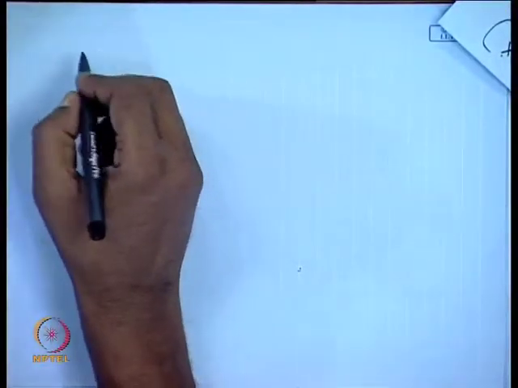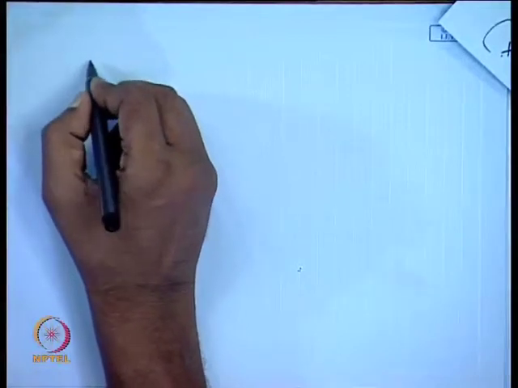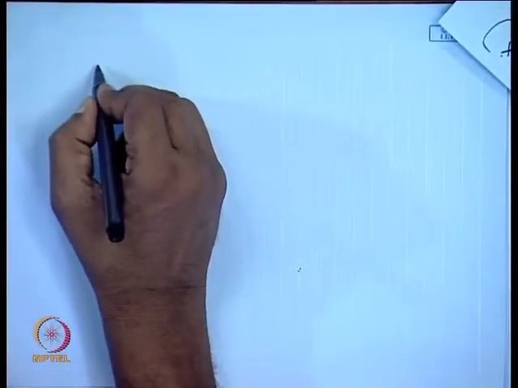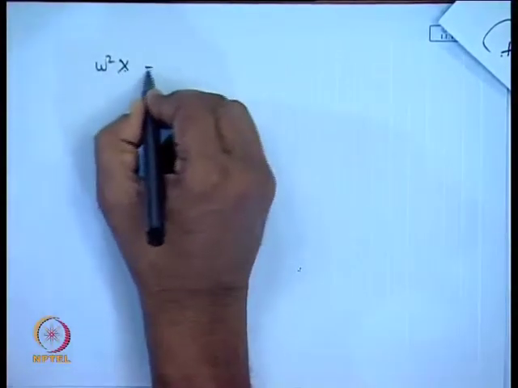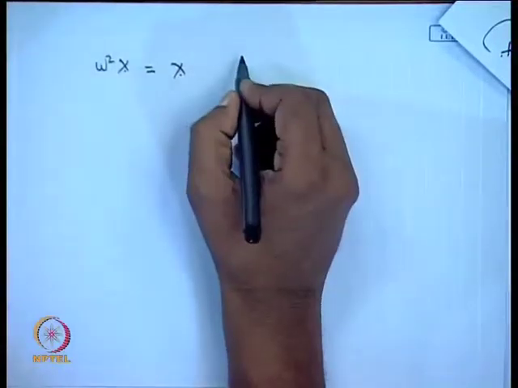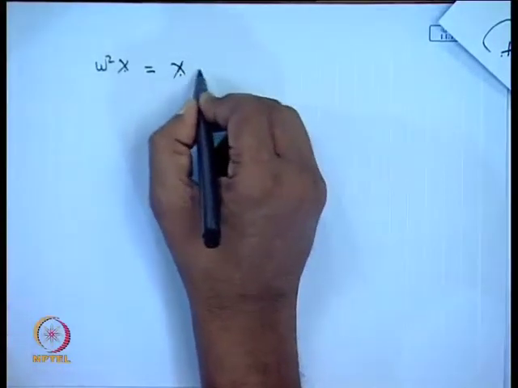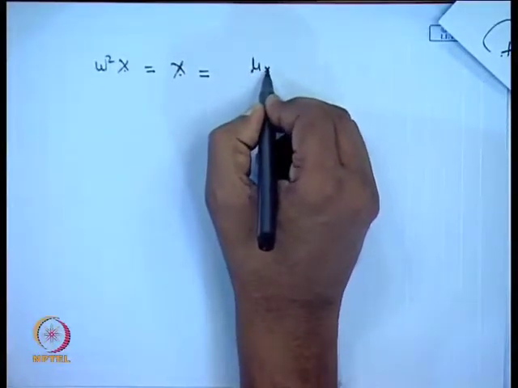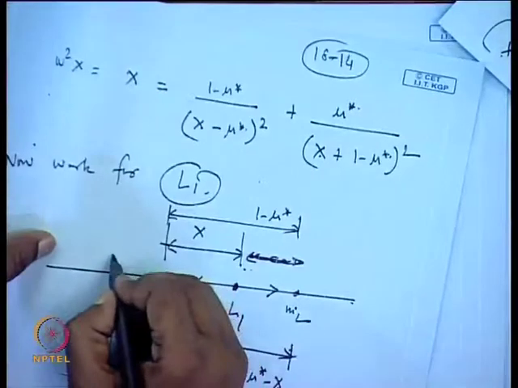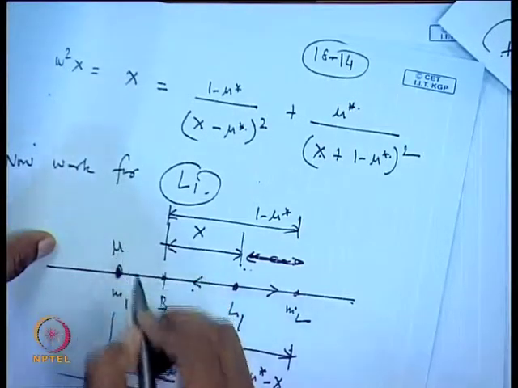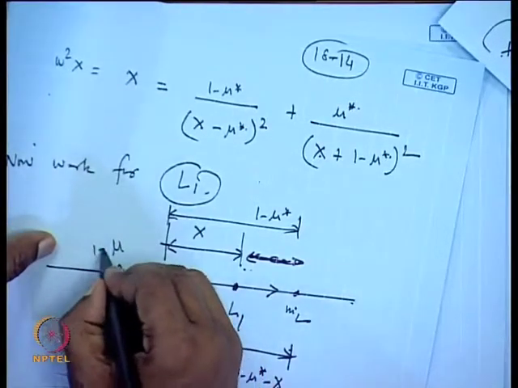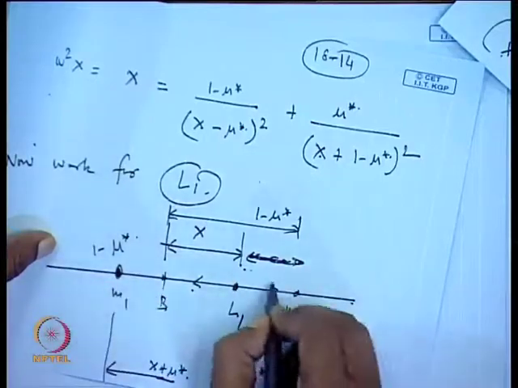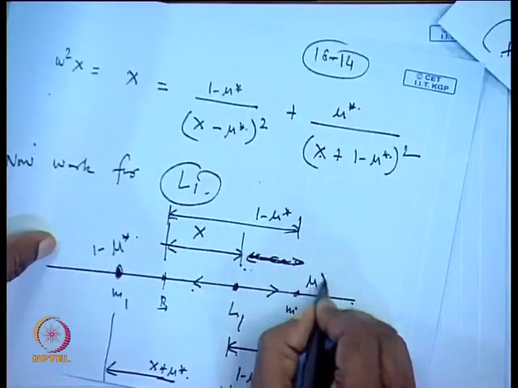Okay, so we have from here omega square x is equal to x, because omega in this case is equal to 1, and therefore this quantity then becomes mu star. This is the mass which we have written as 1 minus mu star, and this is the mass we have written as mu star.